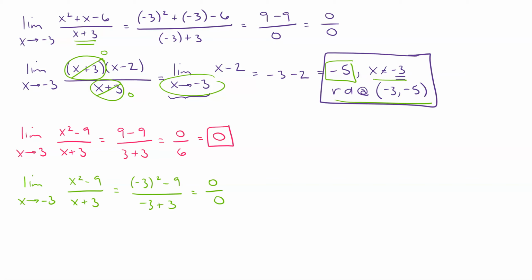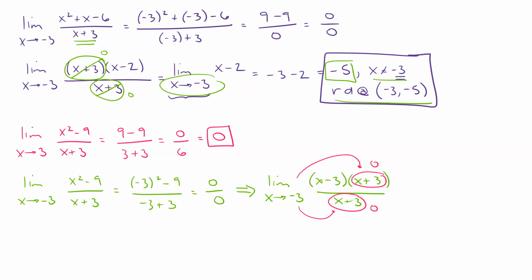There is a limit. I must manipulate the function to find it. There's a removable discontinuity, and to deal with that, I'm going to factor. That's right. Okay, so from here, I'm going to factor this term on top. I see the matching top and bottom terms where if I were to plug in the x, I would have 0 over 0. Those are my problem terms, so I cancel those away.